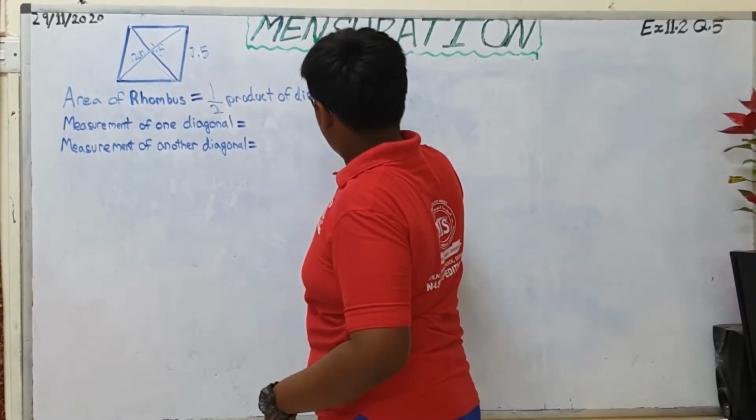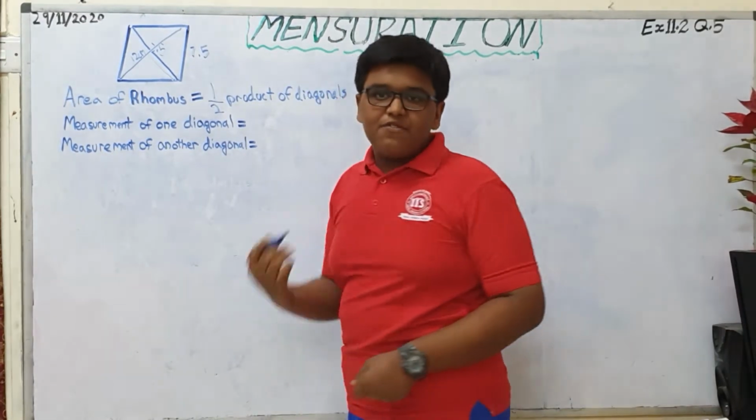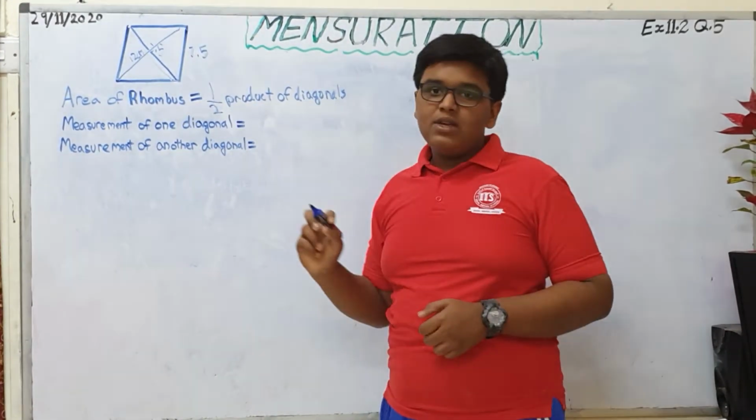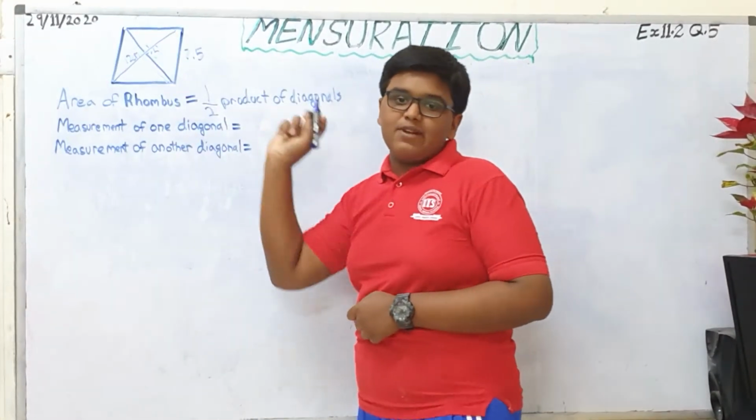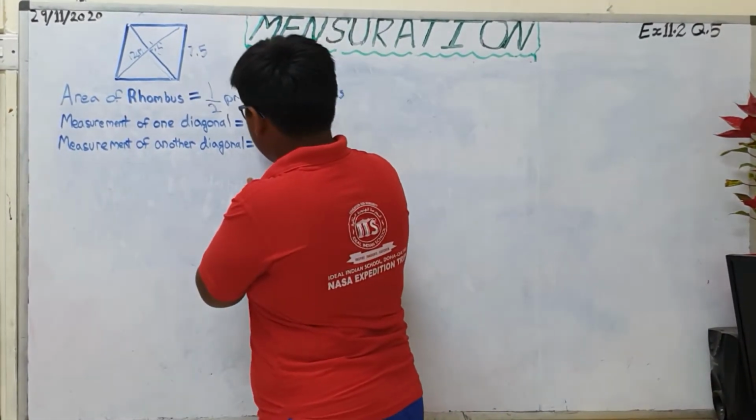Now let's substitute them. The first diagonal is 7.5 centimeters.